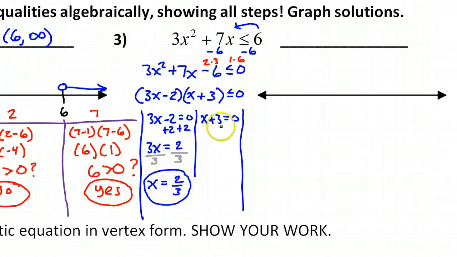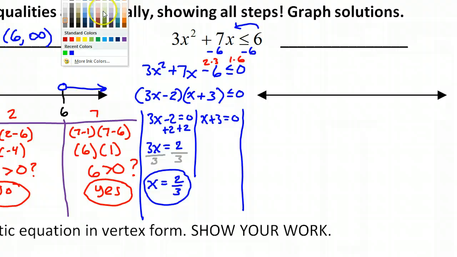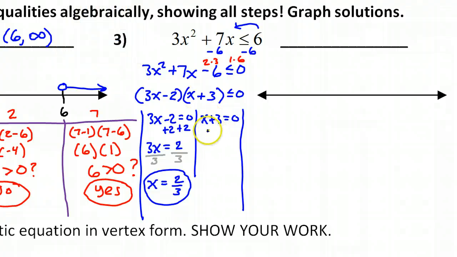I'll just do minus 3 on both sides, so I get x equals negative 3. These are my two x-intercepts of this parabola, at negative 3 and 2/3. Those are the two values that I must include on my number line.